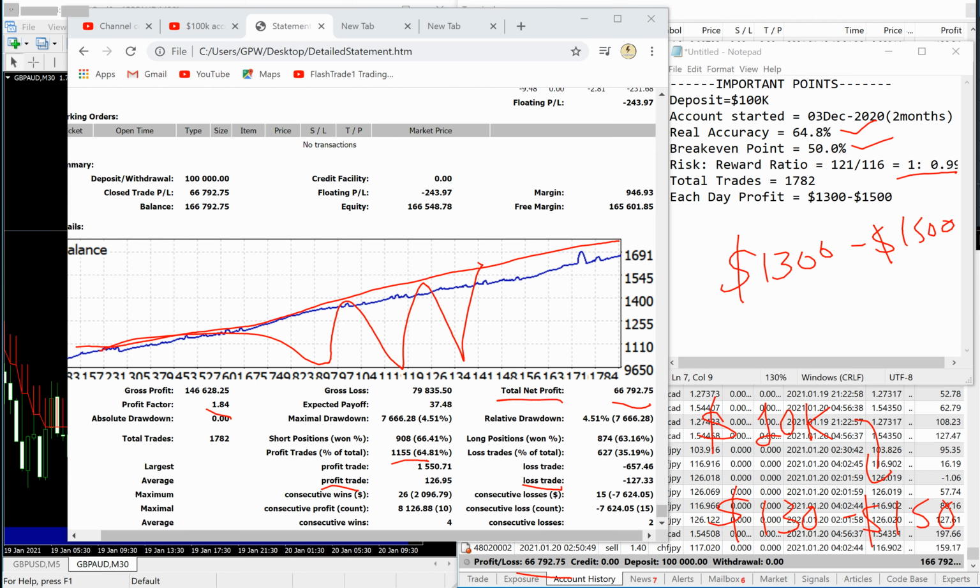But here our line is straight, which means we are making consistent profit. Drawdown is not high on this account. You can see that the drawdown is just 4% on the account, which is bearable by everyone who wants to achieve a profit of 1300 to 1500 in their account.